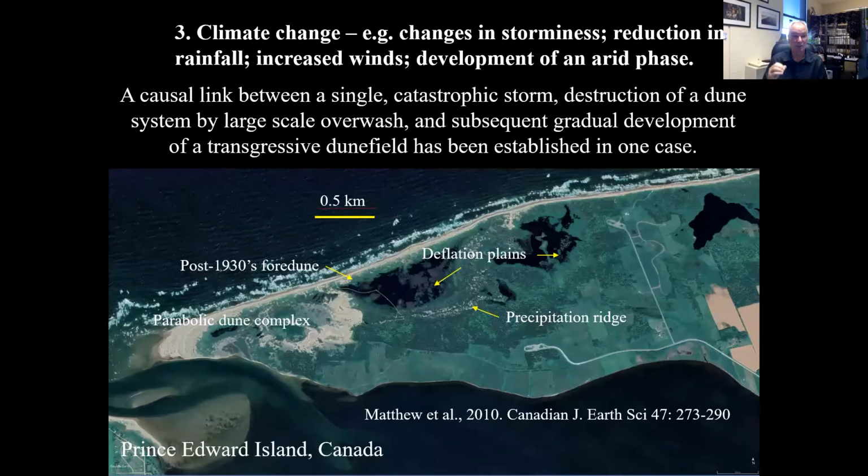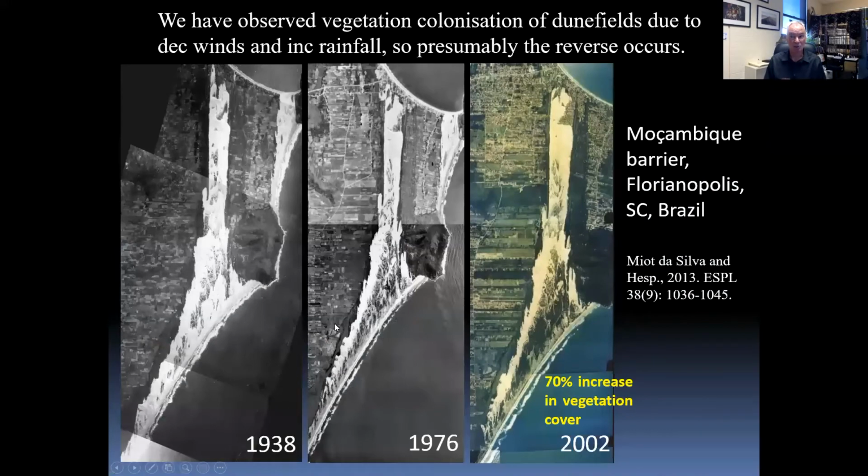So, there is one example of a massive storm creating a new transgressive dunefield system, but very few other examples. We have observed that dunefields get vegetated due to decreasing winds and increasing rainfall over time, as in this example in Florianópolis and Mozambique Beach in Santa Catarina in Brazil, where Graziella Miotto da Silva did a lot of work.